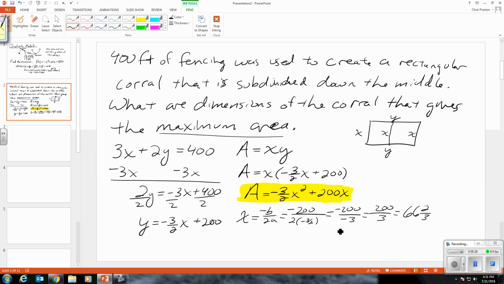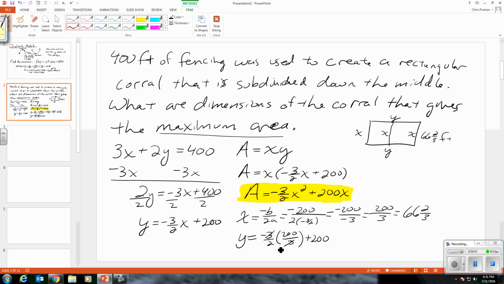Okay. So that's how long these sides are, 66 2/3 feet. Now I want to figure out how long the other sides are. So I'm going to plug this value into my y: negative 3 over 2 times 200 thirds plus 200.